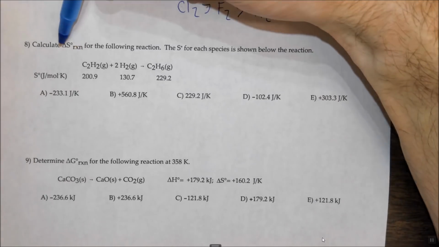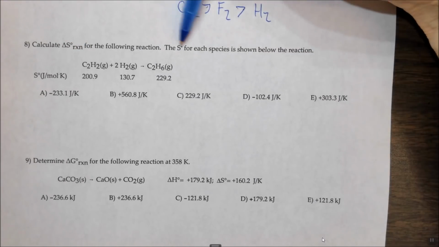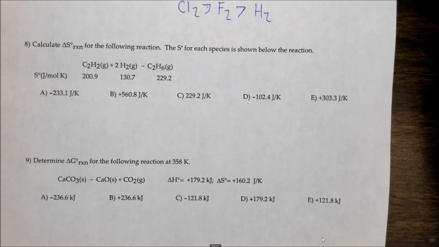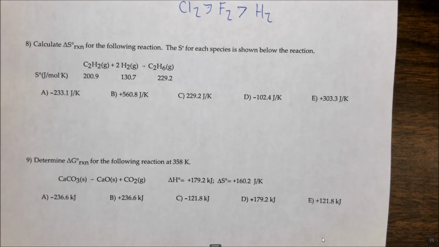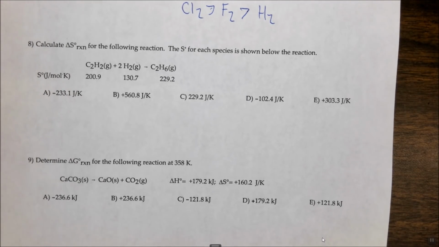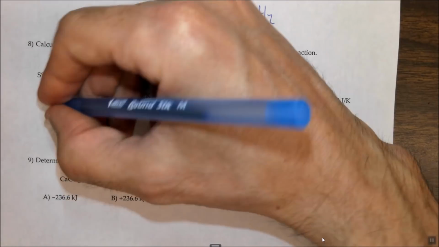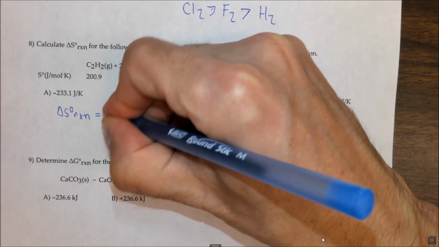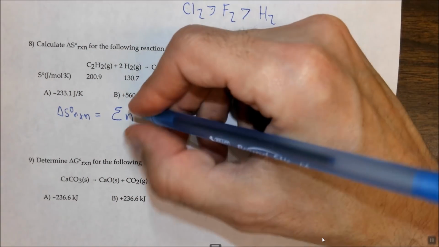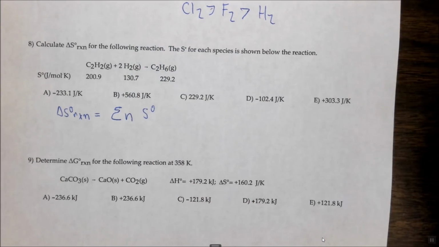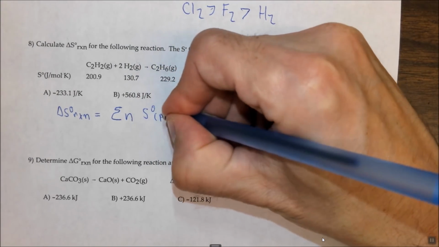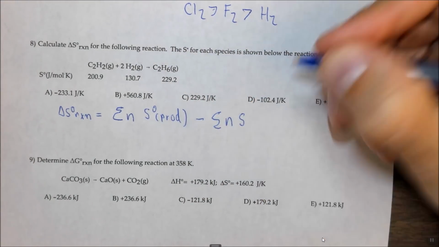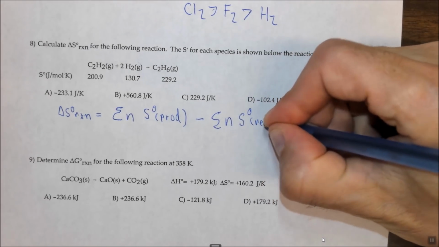Question 8 says, calculate the standard entropy of the reaction below, and then it gives us the entropy for each of the species in the reaction. So this is your products minus reactants, like you did for delta H a long time ago. You can also do it for delta G, or you can do it for delta S. So here, delta S naught of the reaction equals the summation of n, the number of moles, times the standard entropy of the products, minus the summation of n, the number of moles, times the standard entropy of the reactants.